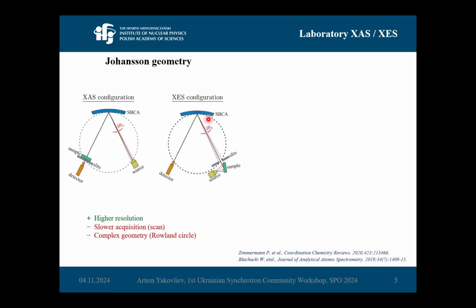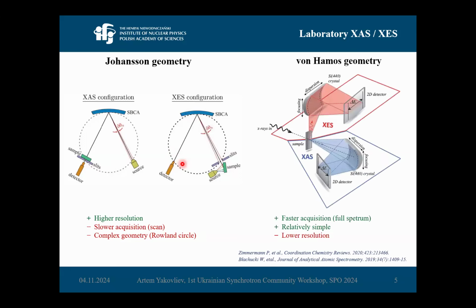So both your crystal and your detector have to move on the so-called Rowland circle, and it involves several positioning stages which move in quite a complex way, as you can see. And I forgot to mention that the crystal just disperses the incoming X-rays and selects the one energy of interest which you need, and then by scanning you can basically scan the spectrum.